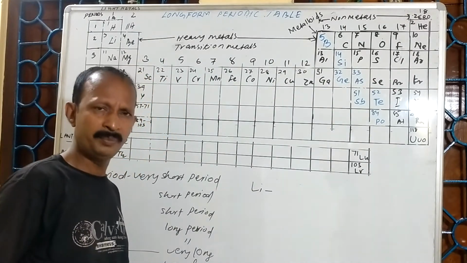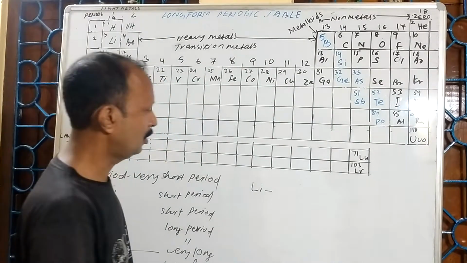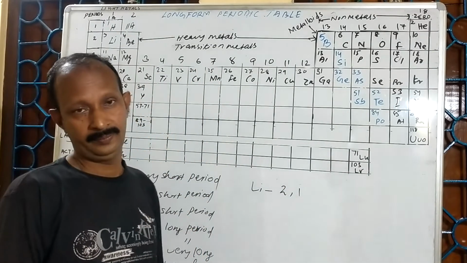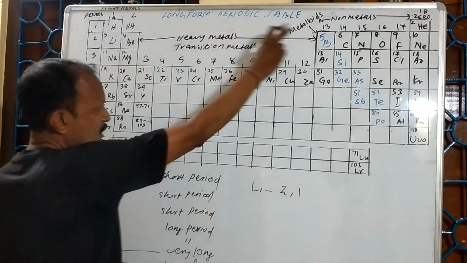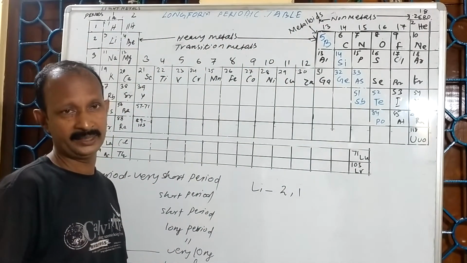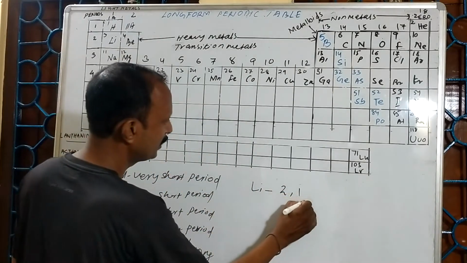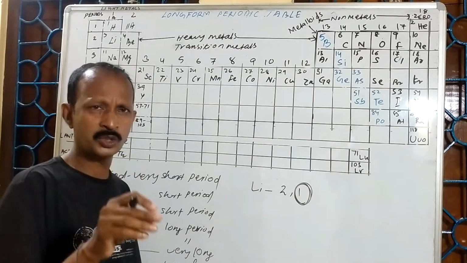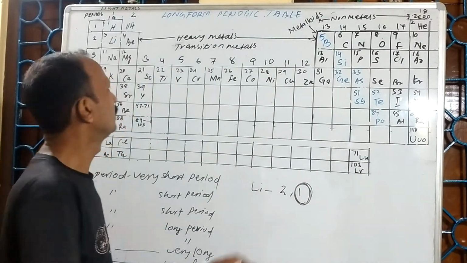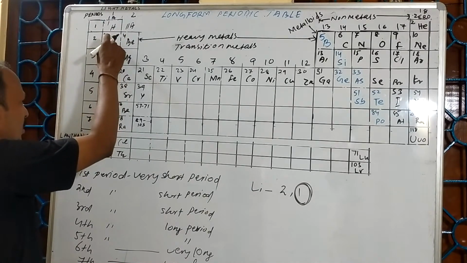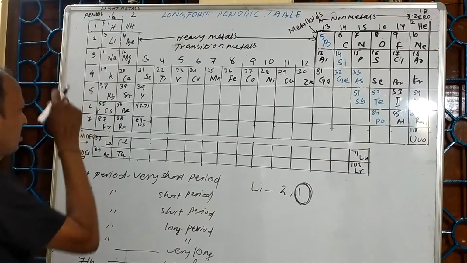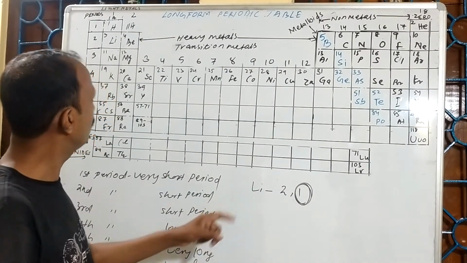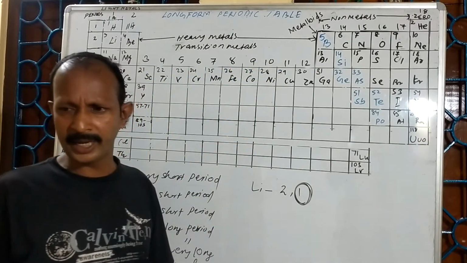Lithium atomic number is 3, so we write 2, 1. In the first period, only one orbit is there. But in the second period, the second orbit started. So every period starts with a new cell. This is the first cell, here the second cell is introduced, here the third cell, here the fourth cell, here the fifth cell. So in the second period, those elements are there.